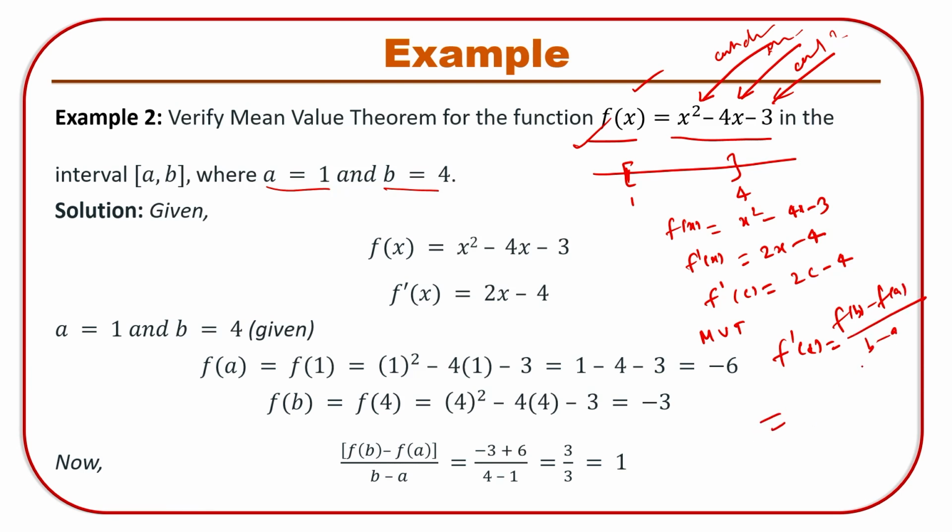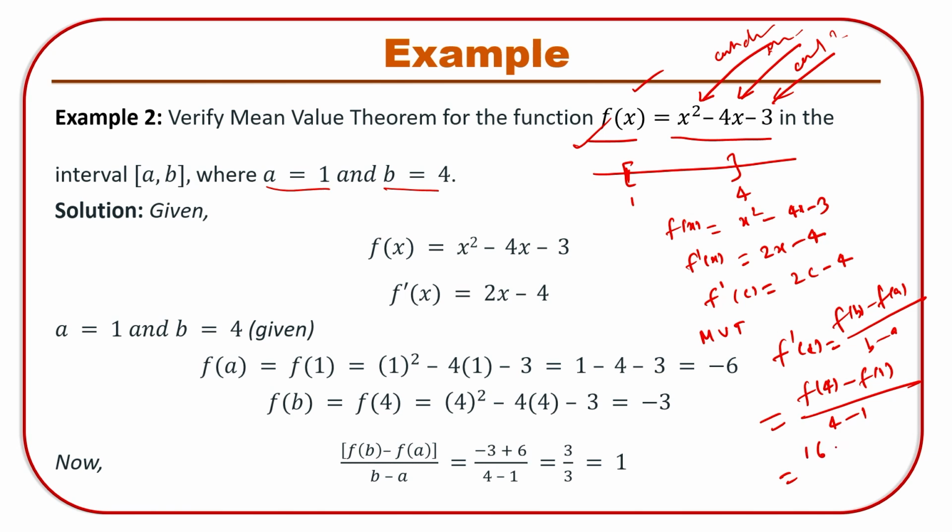So what will be the value of f(b)? That means b equal to 4. So that means f(4) minus f(1) divided by 4 minus 1. f(4), what will be the value? f(4) is here 16 minus 16 minus 3, right?